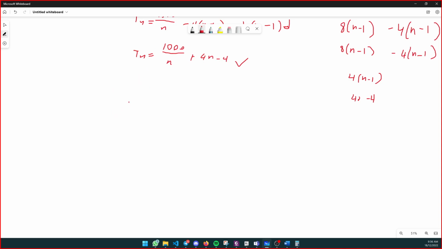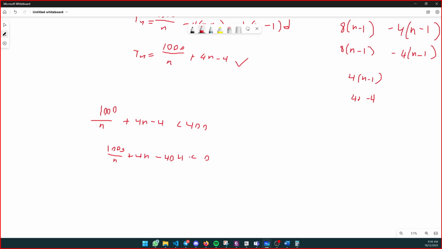I think it should be less than 400. It should be something like this: 1000 over n plus 4n minus 4 is less than 400. So it should be 1000 over n plus 4n minus 404 less than 0.